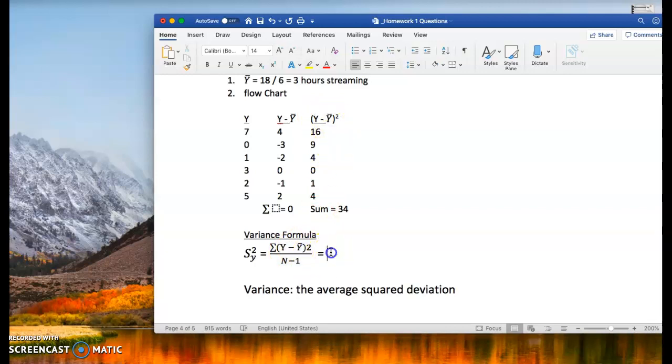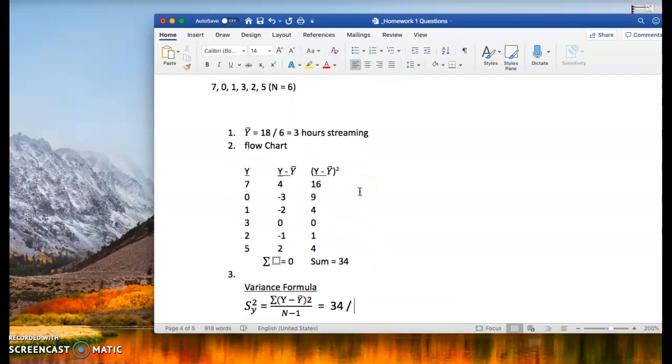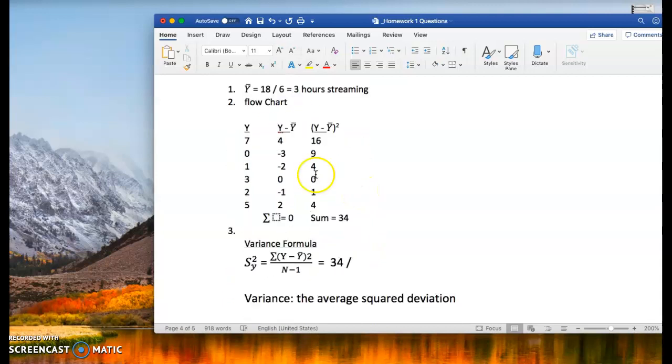So we quite literally just need to copy that number, the sum of squared deviations, for that part of the formula. So we have 34. This is where I got that 34 from our previous step. This would be step 3, by the way. And then the bottom part of the variance formula is n minus 1. That part's pretty easy too, because we know that n is 6 and 6 minus 1 is 5.